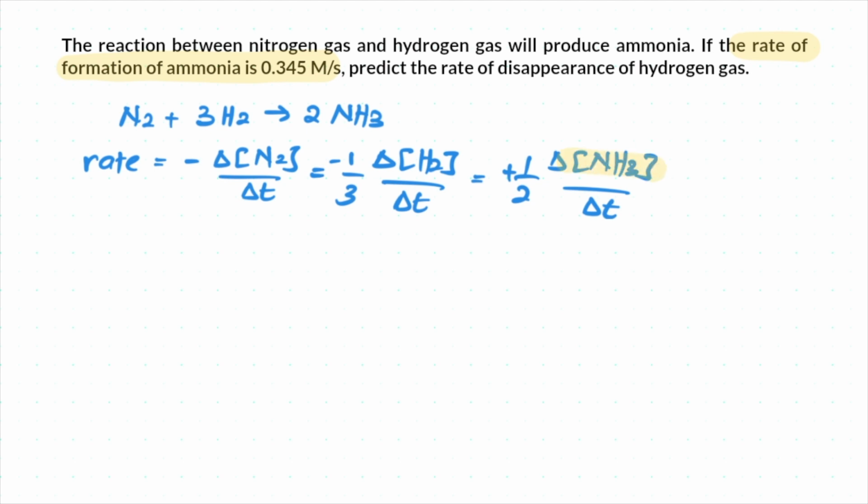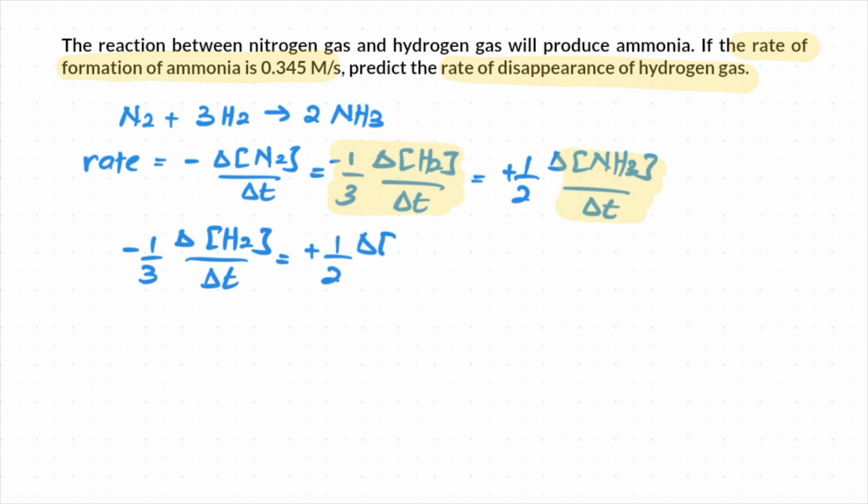Given to you from the question, the rate of formation of ammonia is 0.345, and you were asked to predict the rate of disappearance of hydrogen. So we are going to look into these two only. Therefore, you can write negative 1 over 3 delta H2 over delta t is equivalent to positive 1 over 2 delta NH3 over delta t.